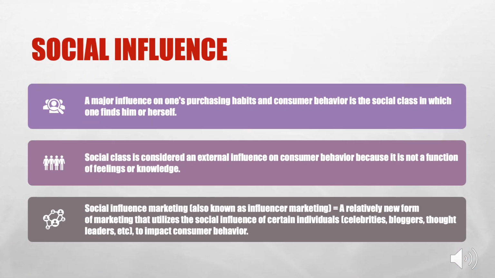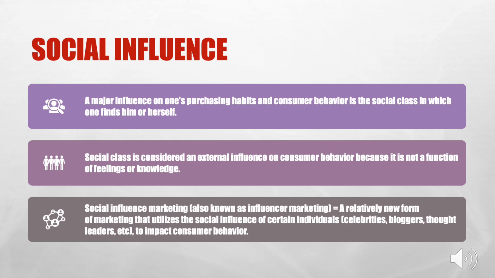Social influences also impact consumer behavior. A major influence on one's purchasing habits and consumer behavior is the social class in which one finds himself or herself. The social class is considered an external influence on consumer behavior because it's not a function of feeling or knowledge.